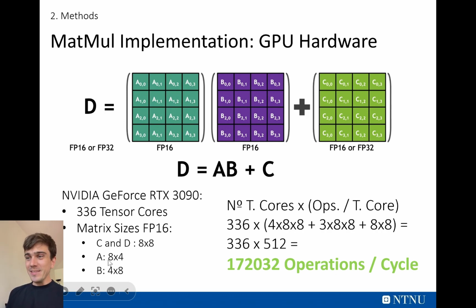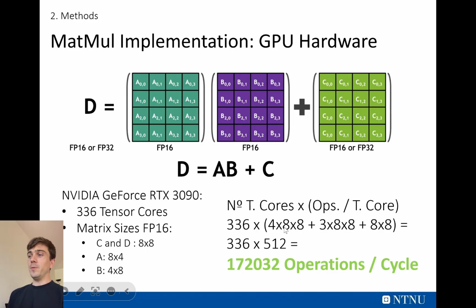The matrix A here is 8 times 4, so this is 8 rows, 4 columns. So the number of columns here is fine, but the rows is bigger. And here B is 4 rows, so these rows are okay, but then we have 8 columns. So this means that we have 4 multiplications, 3 additions, that was fine.